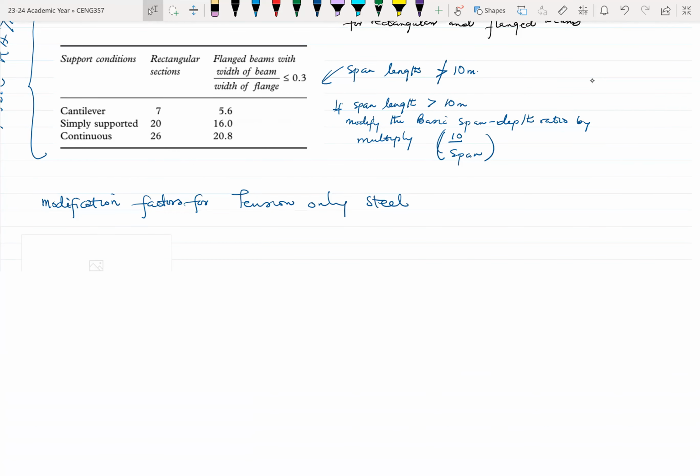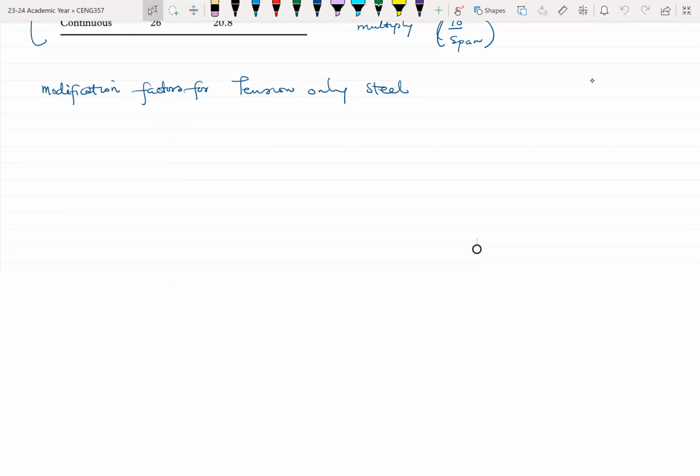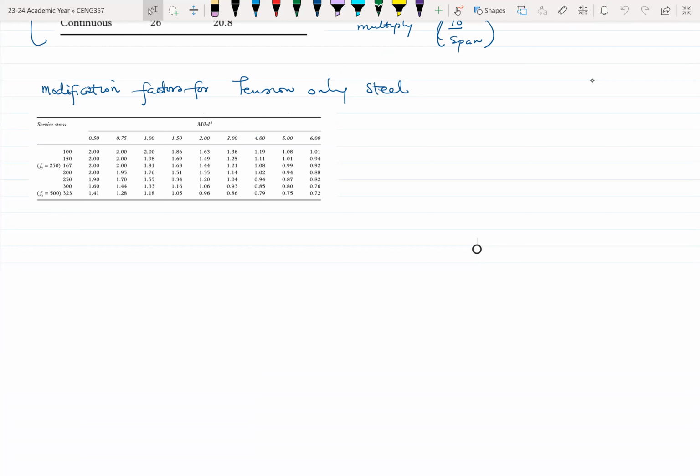Oh, nope, not this one. I don't know why it's giving me the wrong thing to copy. Okay, go back. Maybe this time around it should work. Okay, great. It worked this time around.